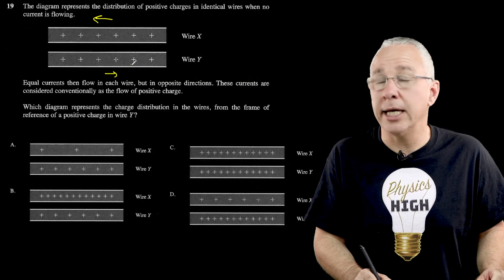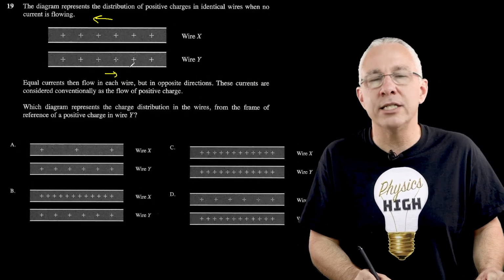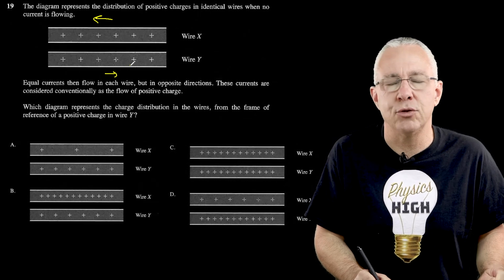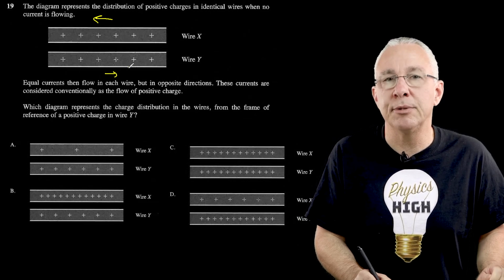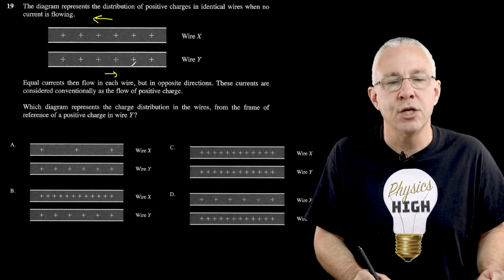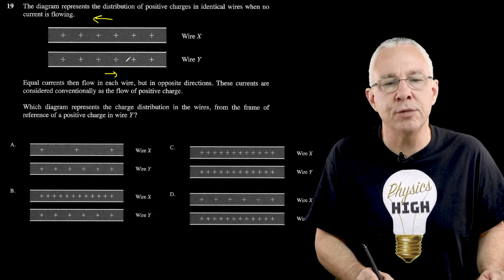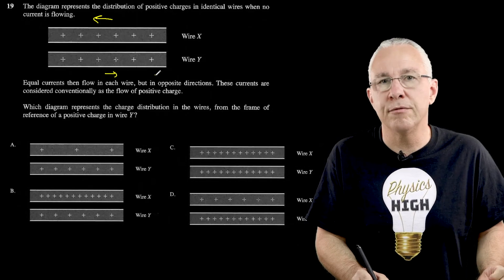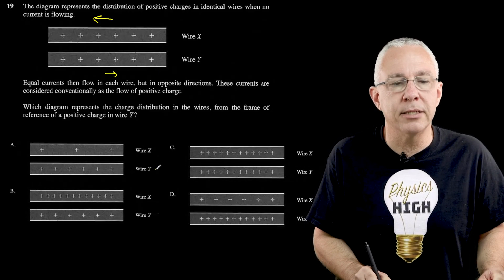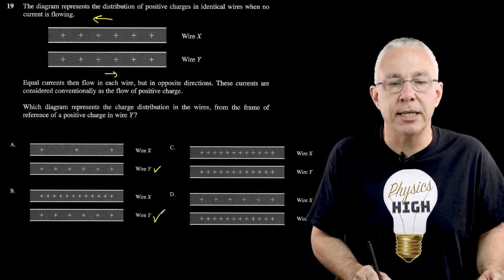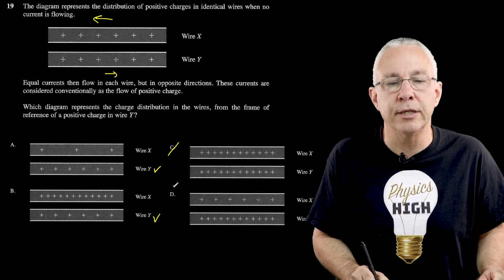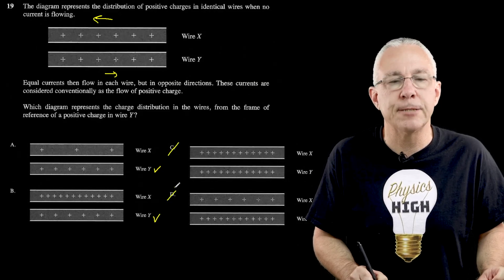It's like you sitting in a train carriage and asking, what is the velocity of the train carriage further down? It's moving with the same velocity as you, and so therefore you're not going to experience any relativistic effects. It's going to be as if it's stationary. So importantly, the separation between the charges for Y from the perspective of Y will not change. And so that means this part is correct, this part is correct, but not C and D. So automatically we've excluded C and D as our responses.